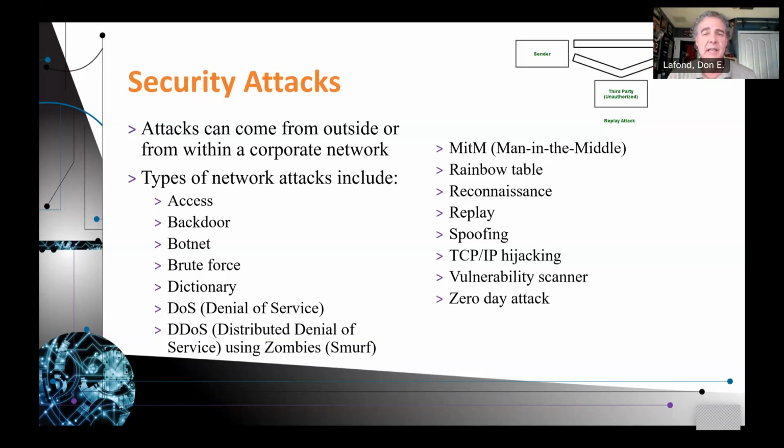TCP/IP hijacking, for example, could be DHCP spoofing, where the threat actor's DHCP server starts handing out addresses, and those are not valid addresses. So it creates a problem in the network.